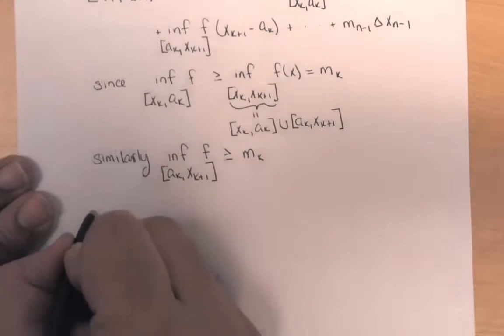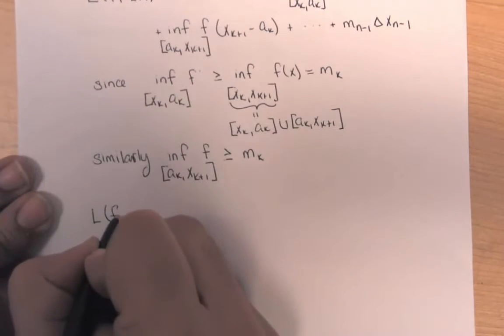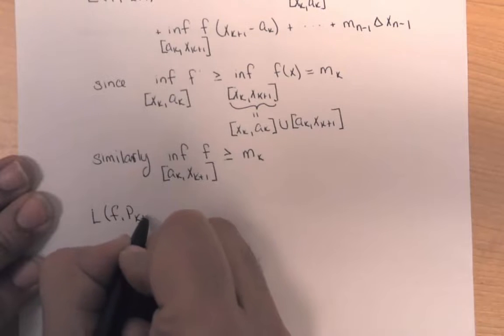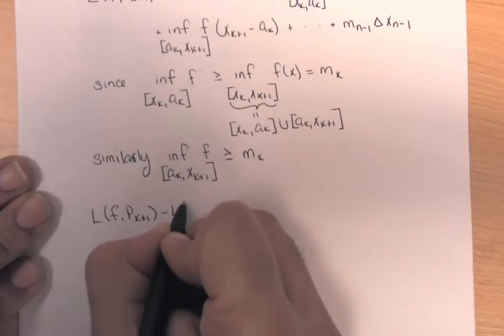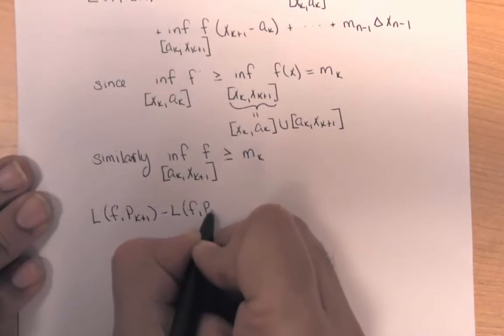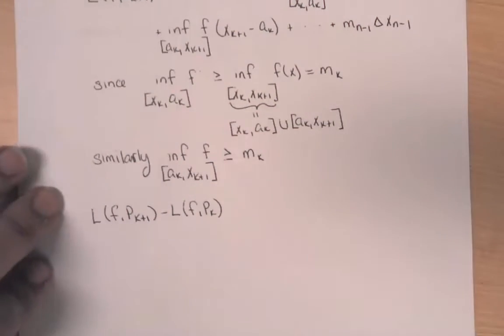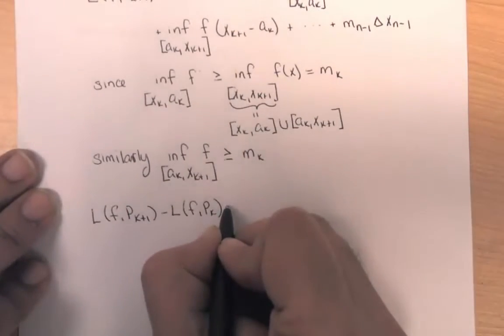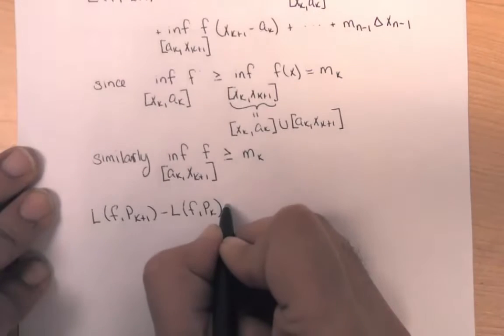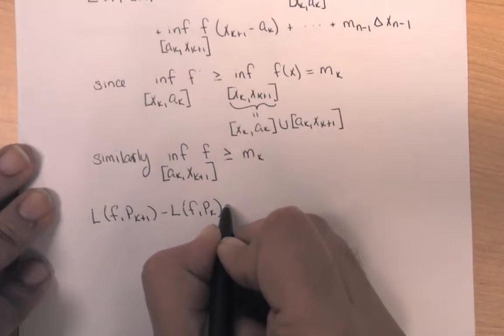So if I were to take the difference, right, then every term except for those surrounding the kth entries are the same.